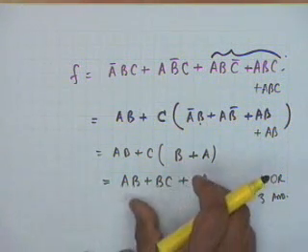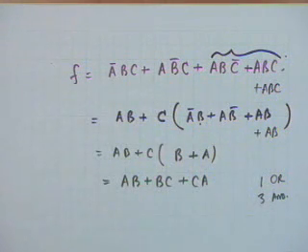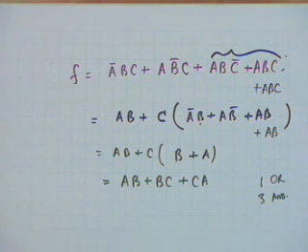Okay, this is a simplified form. One 3 input OR gate. If you don't have 3 input OR gates, what do you do? 2 input OR gates. Okay.